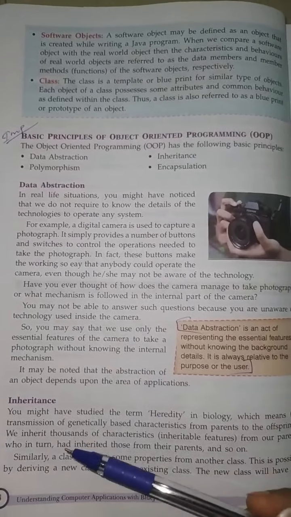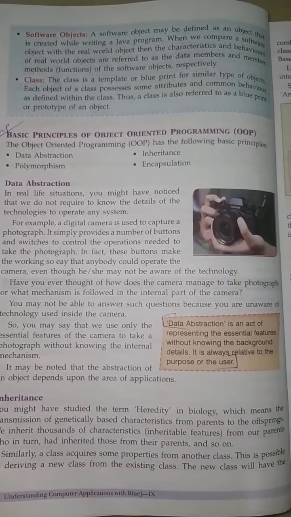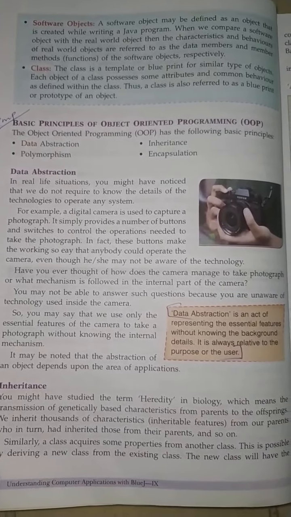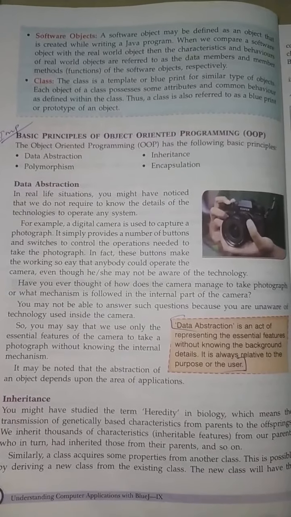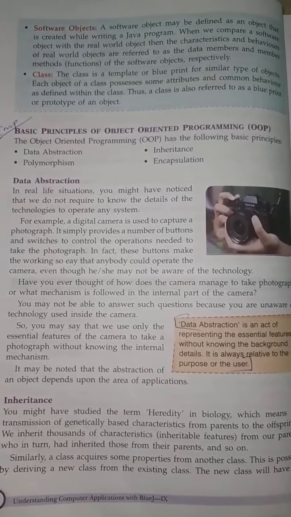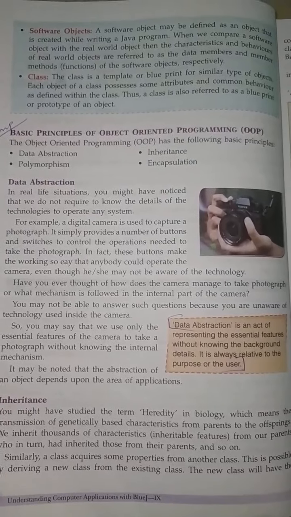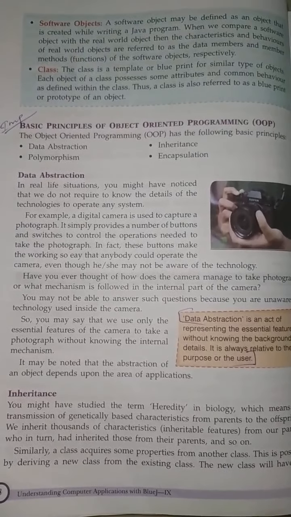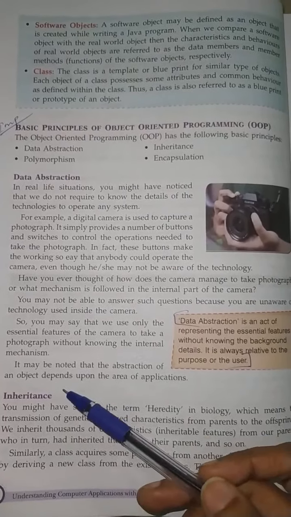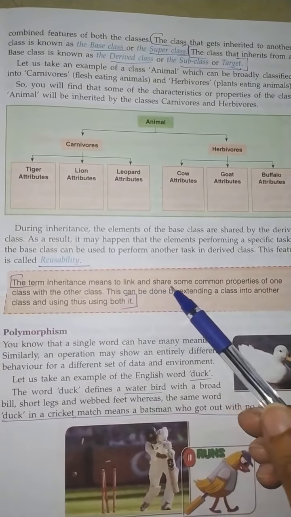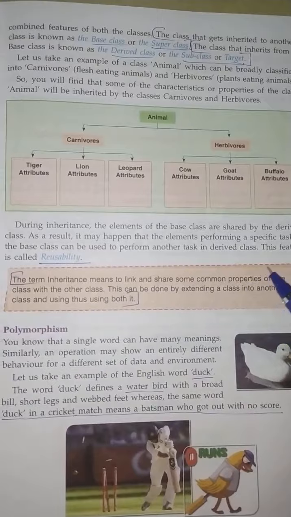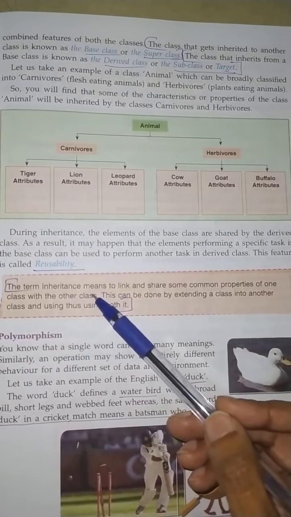And the second one is inheritance. We are inheriting some properties from another class. Suppose you get some properties or characteristics from your parents, and your parents get some characteristics from your grandparents. Such a property is called inheritance. So inheritance means to link and share some common properties of one class with the other class.